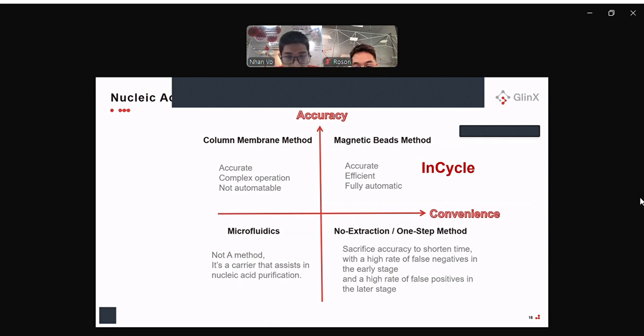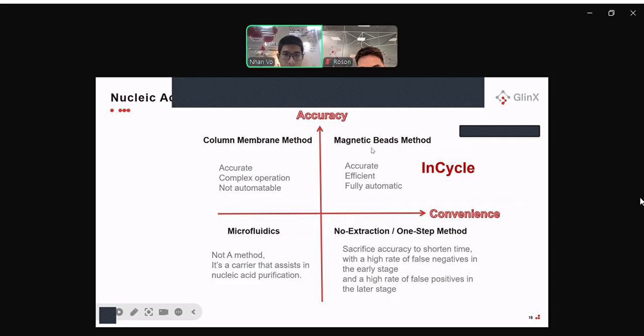No, no. The contamination might cause the false positives, and the impurities might cause the false negatives. So that is why the feedback on the machines using this kind of method is not really good. And the doctors' feedback is that this kind of machine is not accurate.